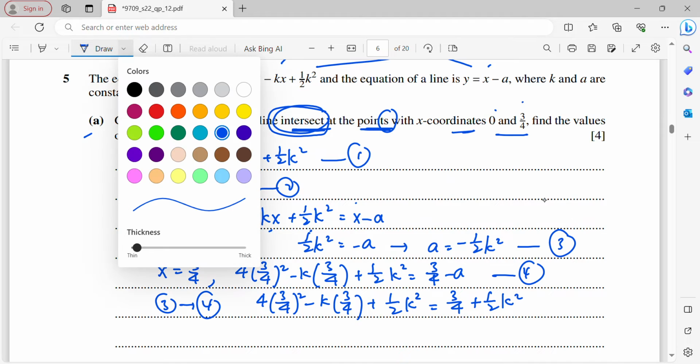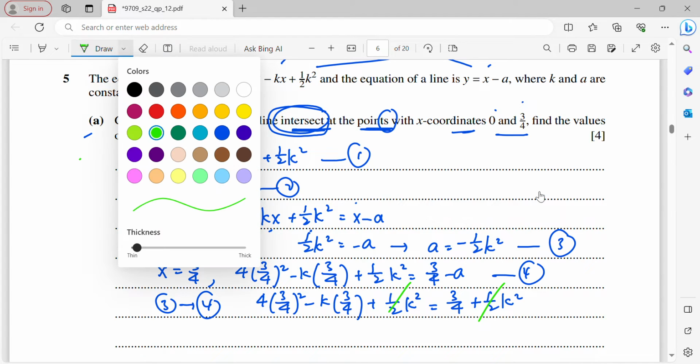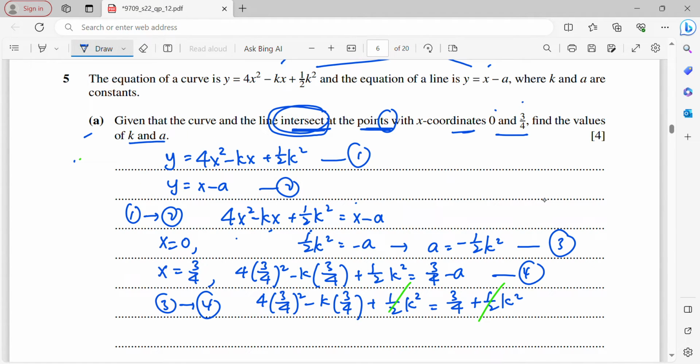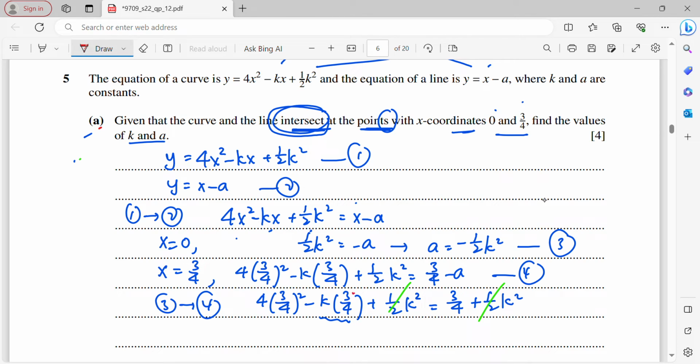From here, I notice that the half k squared can be cancelled out from both sides because both are the same term. So I keep this, I move this to the right side to make it positive. Then this 3 over 4 moves to the left hand side.